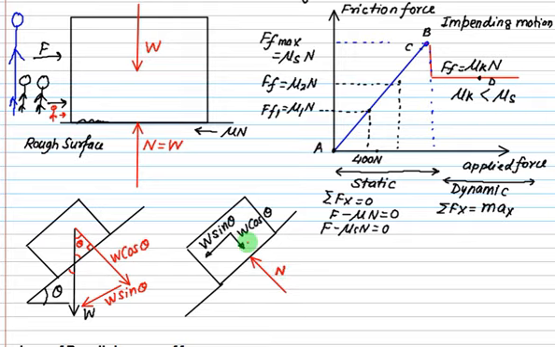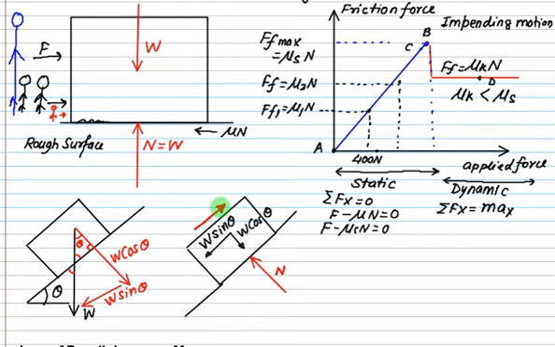Out of these two forces, W cos theta will try to cancel N, whereas W sin theta will try to move the body in a downward direction. So that is the only force responsible for the movement of the block. W cos theta will be cancelled by N. So because of this, you identify the motion is this.